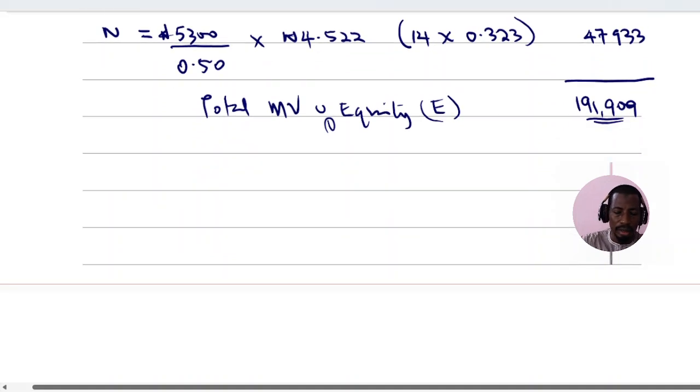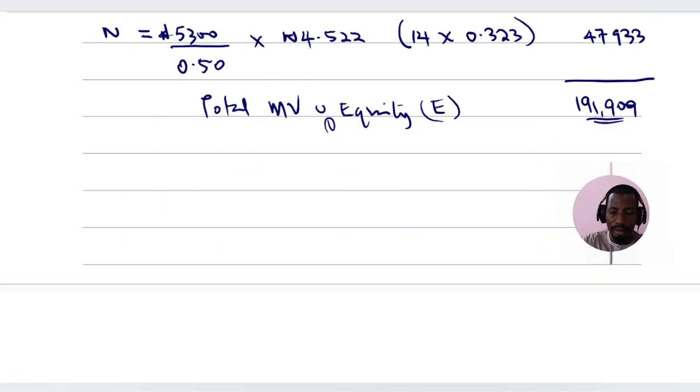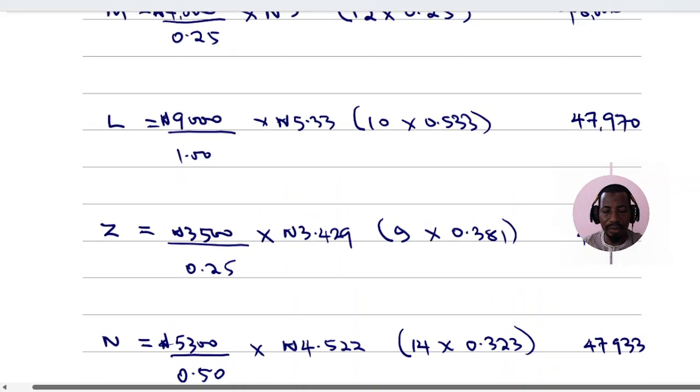Then we want to calculate market value of Kilimanjaro, because we are going to need it when we want to calculate the project specific work. So what's the share capital of Kilimanjaro?